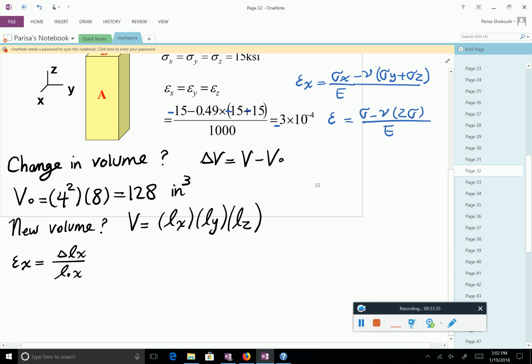That's the change in length. So the new Lx, which will also be the same as the new Ly, will be 4 inches, basically how much it was before, plus this change. And the number is somewhere here. It becomes smaller, because you are pressuring it.